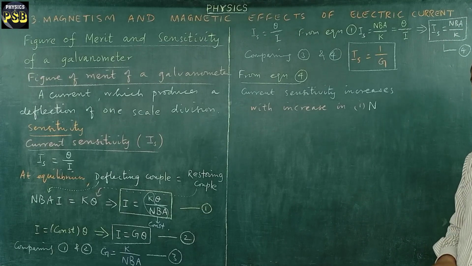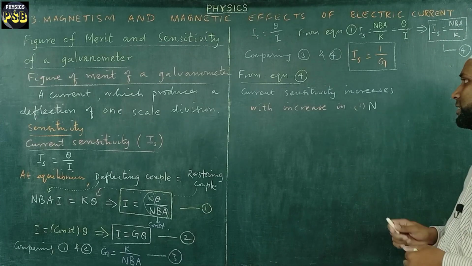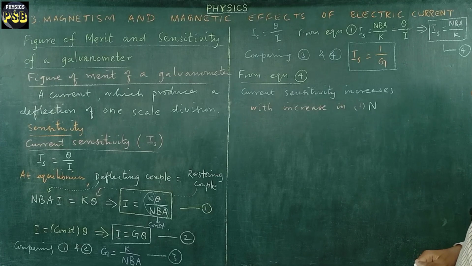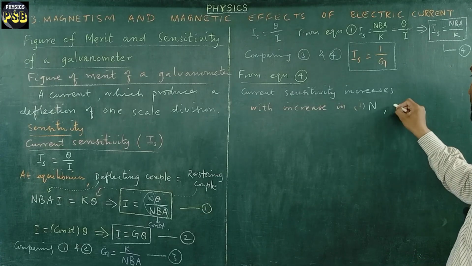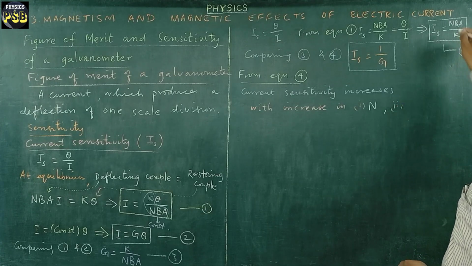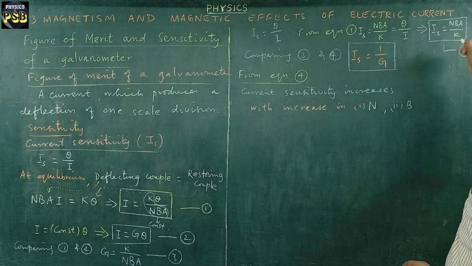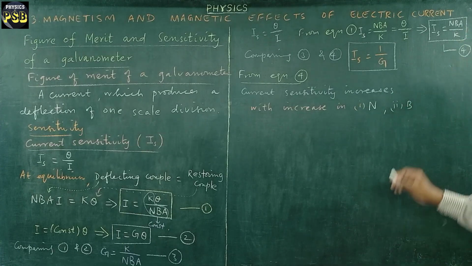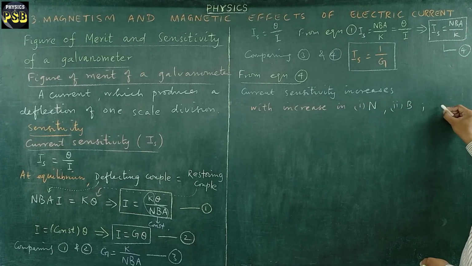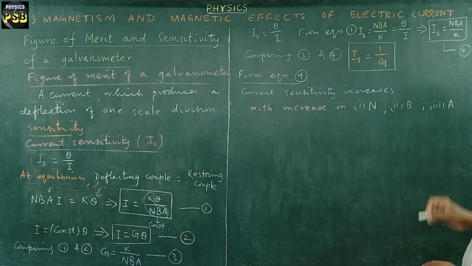In a similar way, current sensitivity can be increased if we increase the value of B, as it is also present in the numerator. Third, it can be increased by increasing the area of the coil.